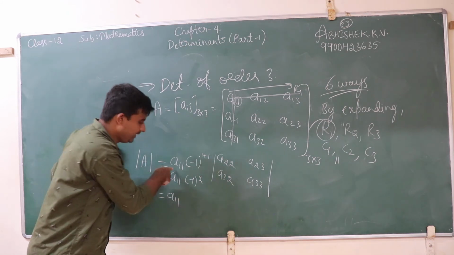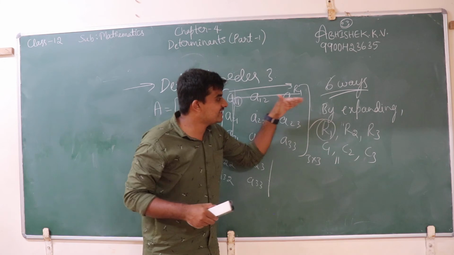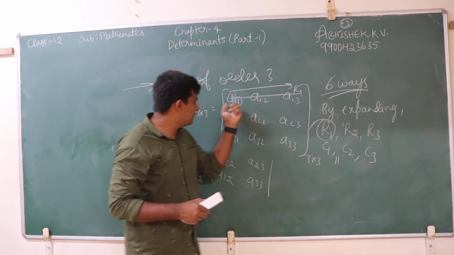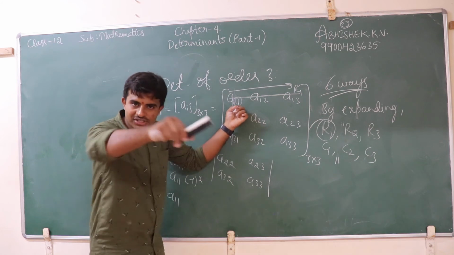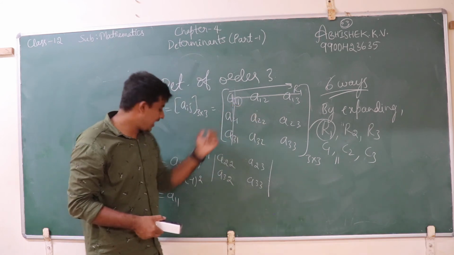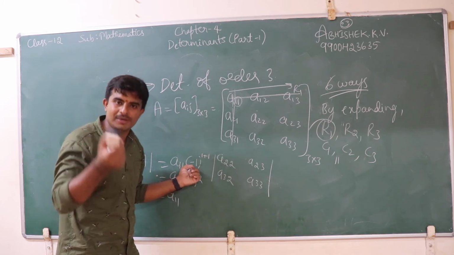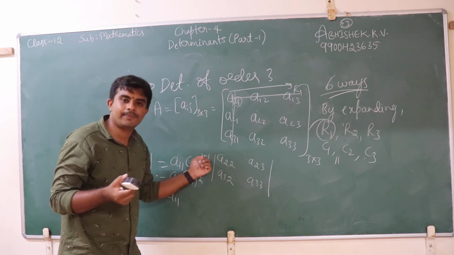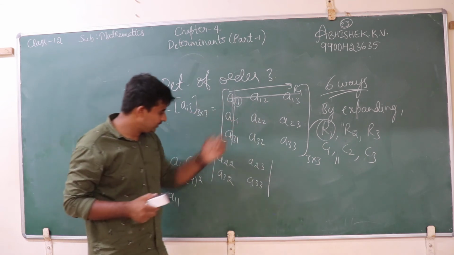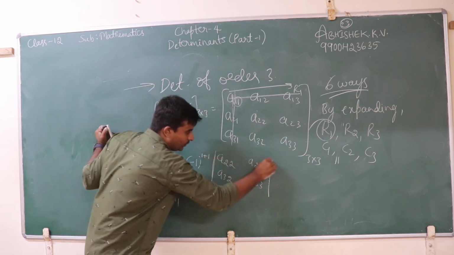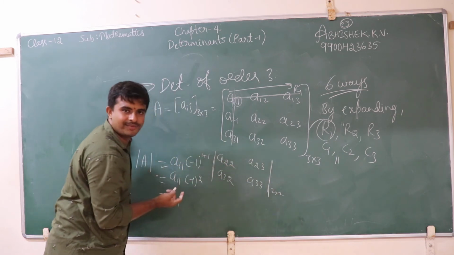If I consider the expansion along R1, first we consider the first element, that is A11. This represents the first row, first column element, and we multiply this by minus 1 to the power of 1 plus 1, the suffix of the corresponding element. It reduces to a 2 cross 2 determinant.